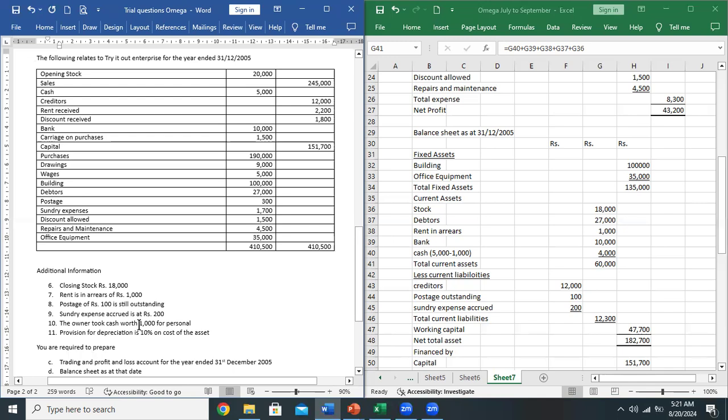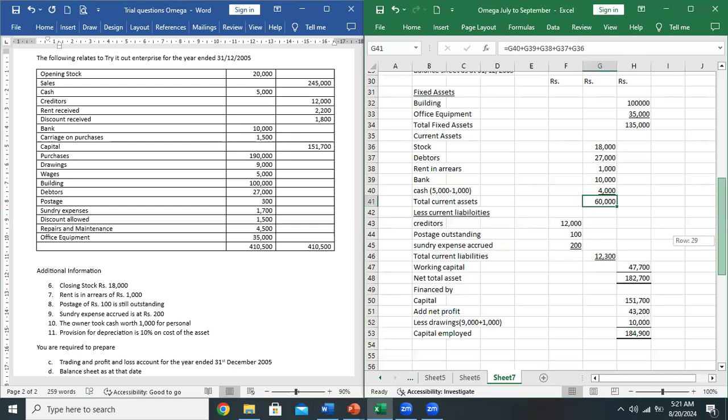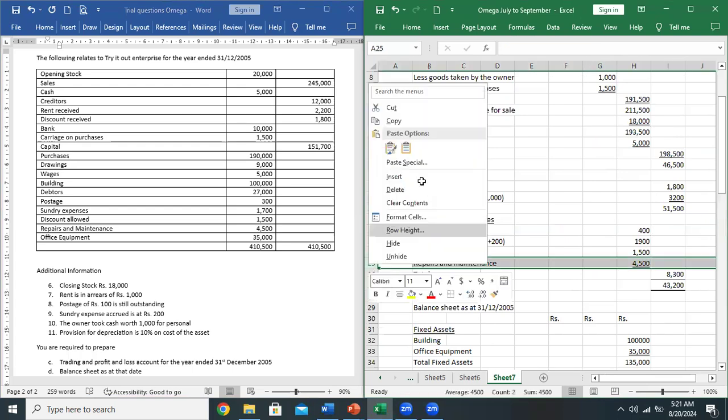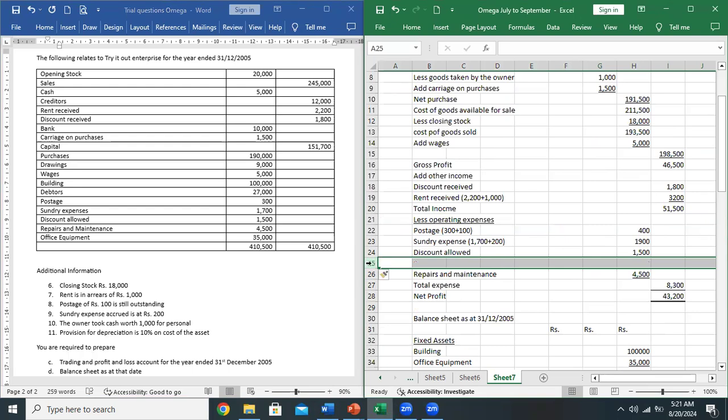And lo and behold, we have only two assets, equipment and building. So you multiply on the cost to get this depreciation. When you get it, you take it to the profit and loss account as expense. Under your operating expenses, you would have calculated depreciation. So let me add on here.